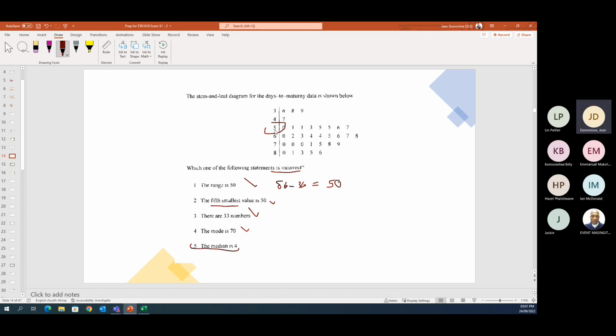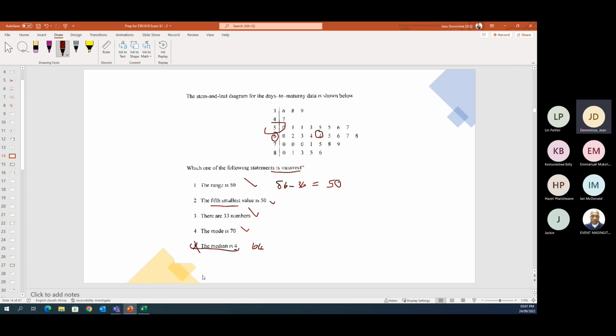Okay, so we've worked out that the median was that one. So very easily, one can make the mistake to say, okay, it was that number, so it must be 4. And then you forget, it is actually 64 and not 4.